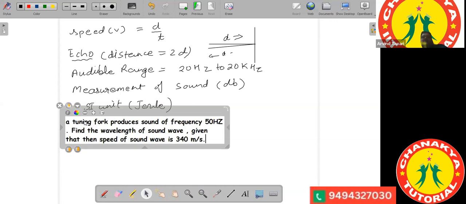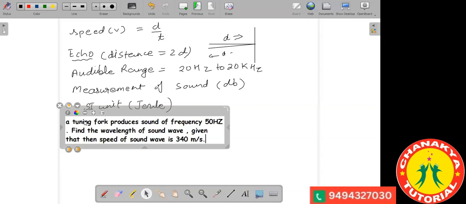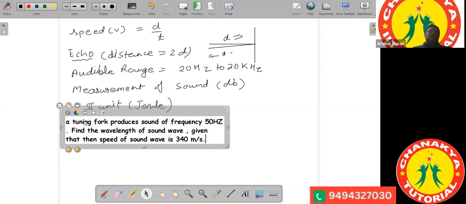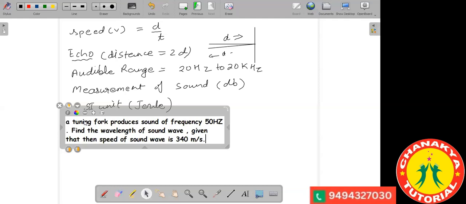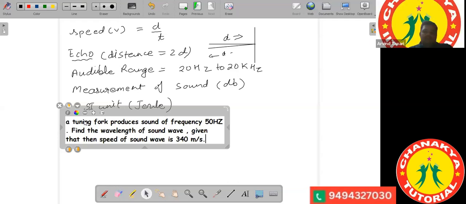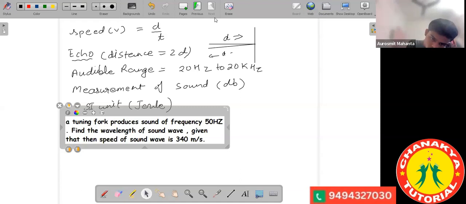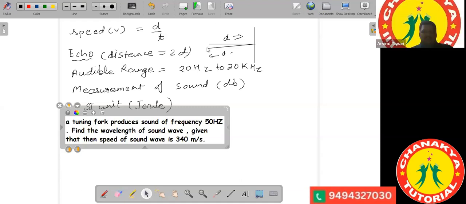Okay, anyone got the answer? Siddhisri, did you get the answer? No, sir. Which formula to be used? Sir, is it 6.8? 6.8, what unit? Meter. Sir, should it be in decibels?